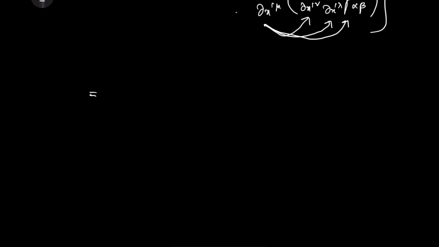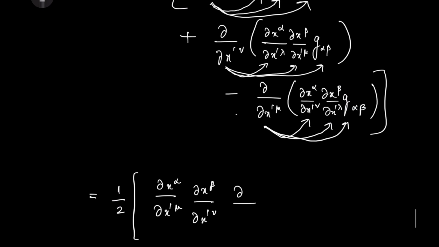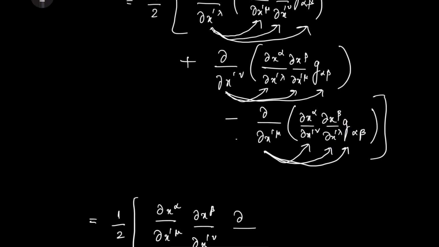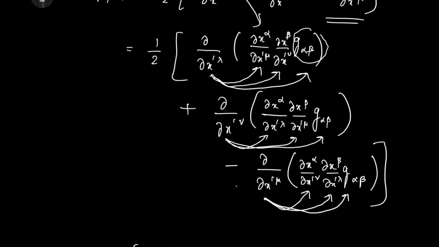So this is equal to half, I'll write as it is, then the partial derivative of x alpha with respect to x prime mu, x beta with respect to x prime nu, and the partial derivative of g alpha beta.